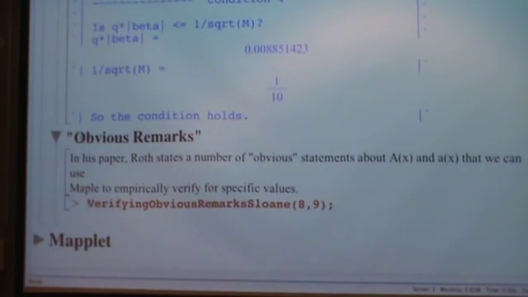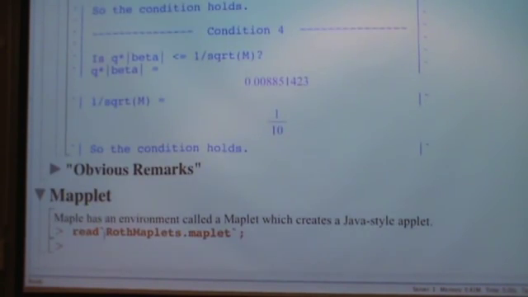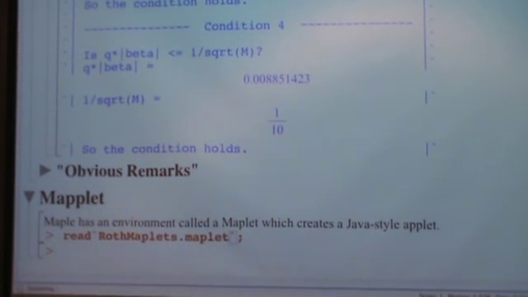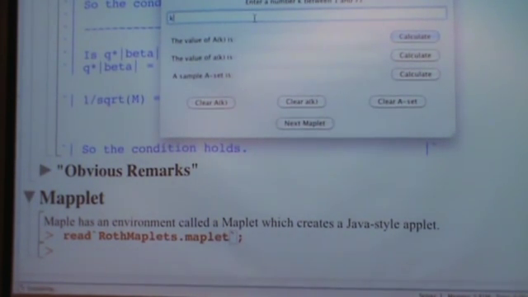I'm going to skip the obvious remarks for the moment and move on to the Maplet. This is just a demonstration of this feature of Maple called the Maplet. Let's open the screen. So this is what a Maplet is. This is a bit more user-friendly than Maple itself. In this case, we calculate a of k, little a of k, which is its density, and sample A sets.